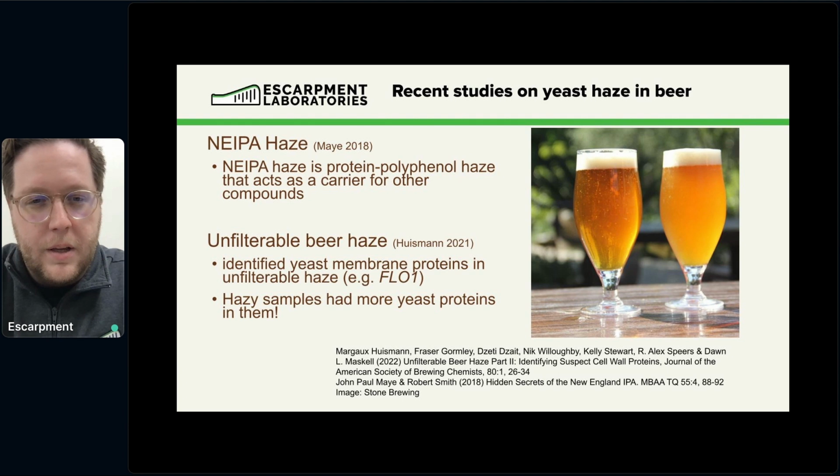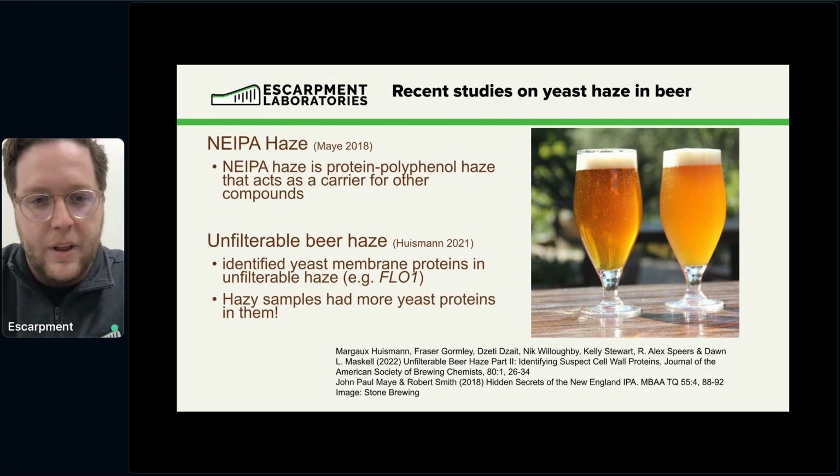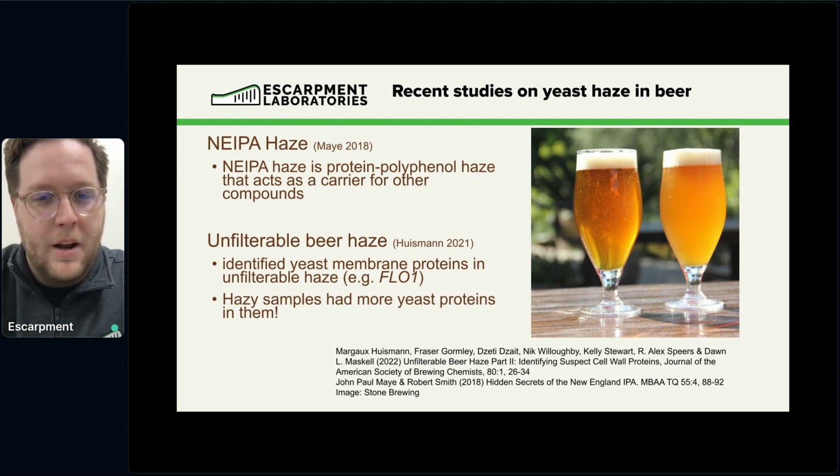There's also a really cool pair of papers that came out in 2021 that detailed an issue in a brewery that had unfilterable haze. What those papers identified was that proteins in the yeast membrane were actually showing up in that unfilterable haze.